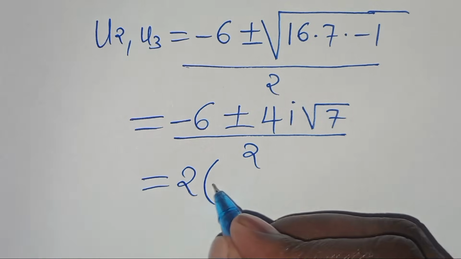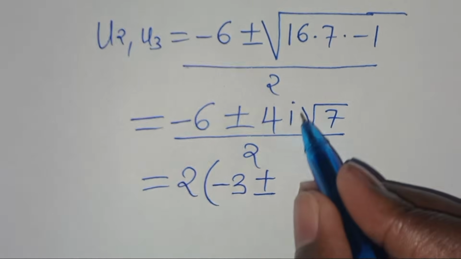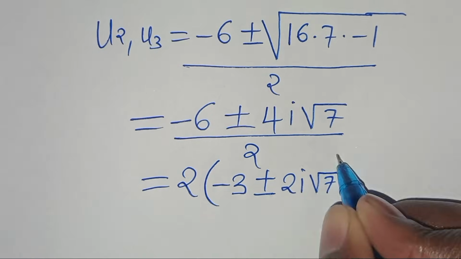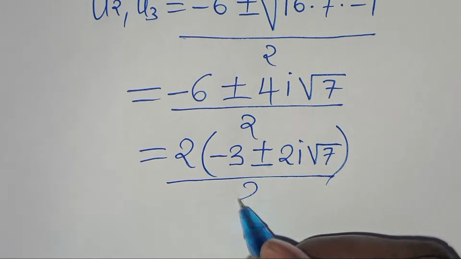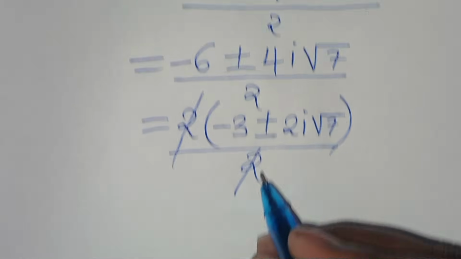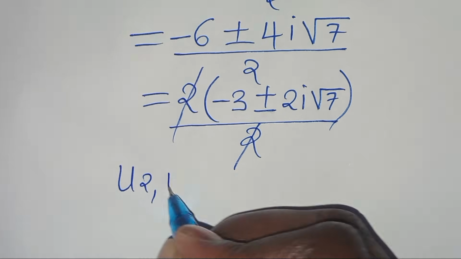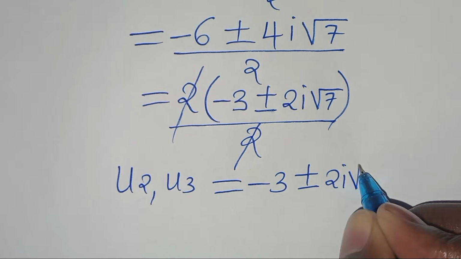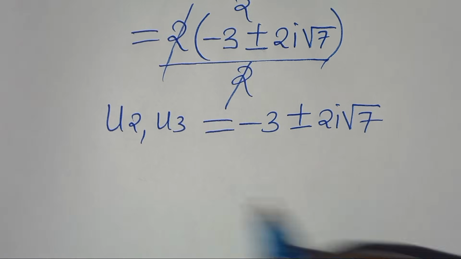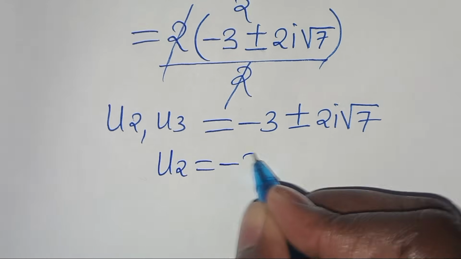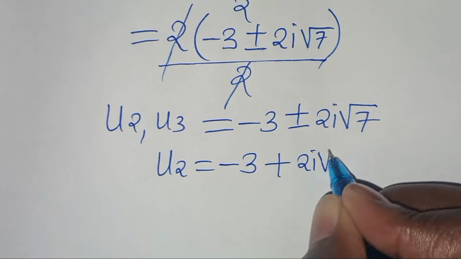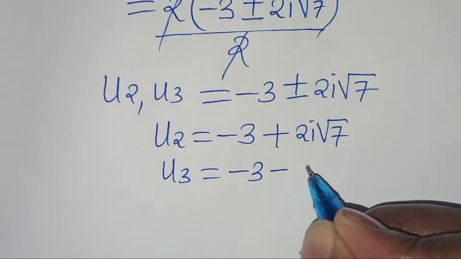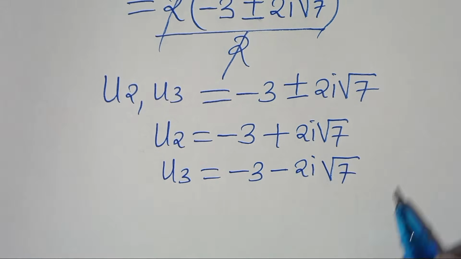Minus 6 divided by 2 is minus 3, plus or minus 4i square root of 7 divided by 2, which is 2i square root of 7. And this means that u2, u3 is equal to minus 3 plus or minus 2i square root of 7. So we have u2 equal to minus 3 plus 2i square root of 7, and u3 equal to minus 3 minus 2i square root of 7.